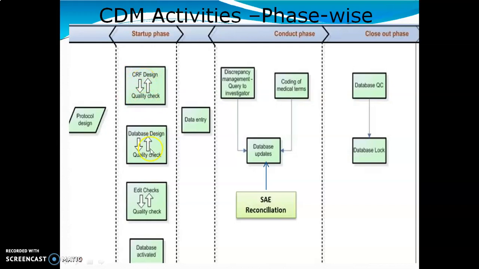And they are going to do database designing, so that quality checks can be done with the database design, and even editing and checking of such things will be done, so that at the end you have a sound database system. Nowadays it is computer based, electronic based, or sometimes traditional at some centers, but nowadays very restricted.